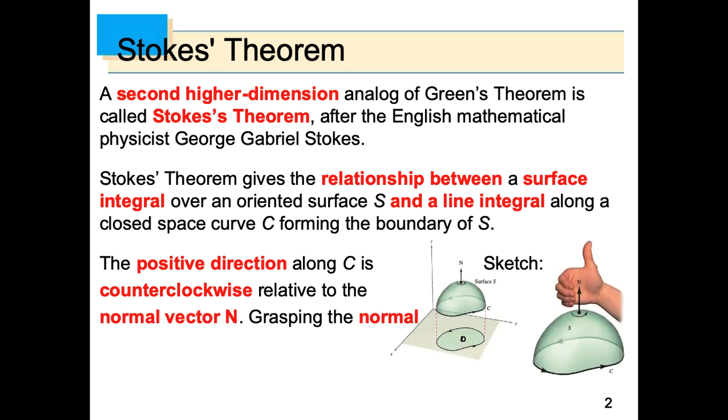Essentially, look at it like the right-hand rule that we've learned from previous sections and then from other classes. The right-hand rule basically takes the normal vector here. So we can see this normal vector coming out of the top of this thing up top.